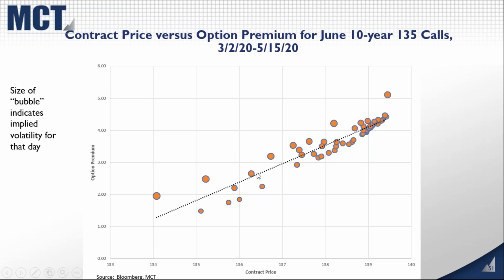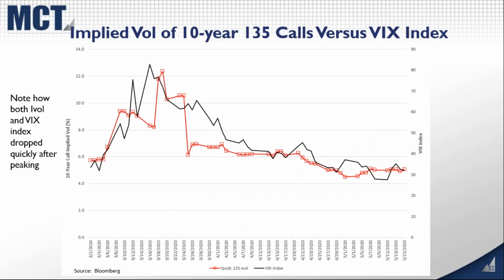Versus below the trend line, it's the smaller bubbles. And that shows you how the implied volatility expansion also improves your P&L profile, in addition to the expansion you're getting just from the increase in intrinsic value.